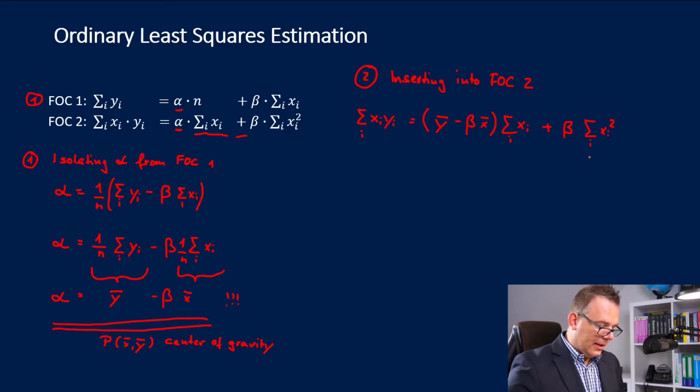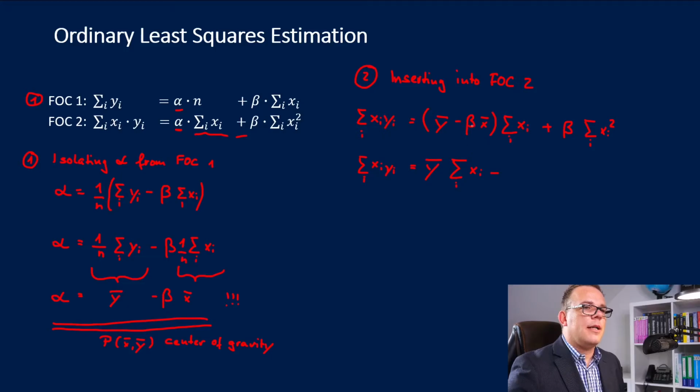Well, of course that is quite easy. Now we want to get rid of the brackets. We sum across all i xi epsilon i, and now we have epsilon bar times this sum across all i xi.